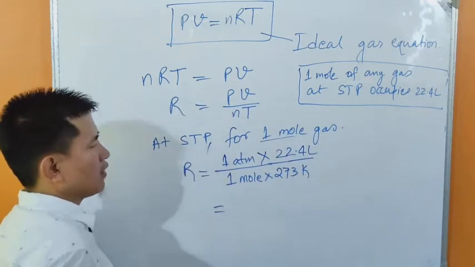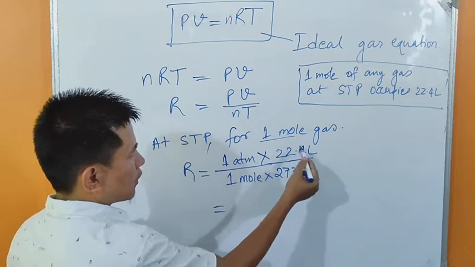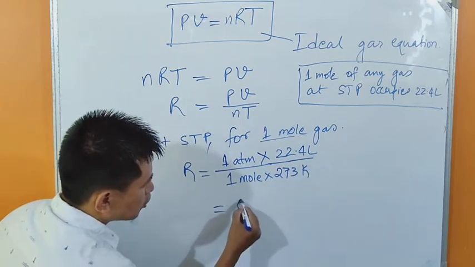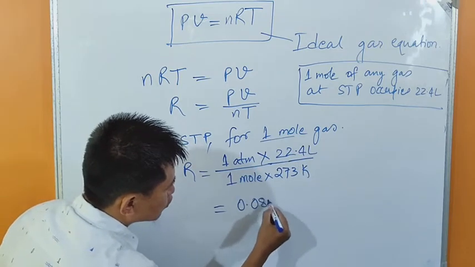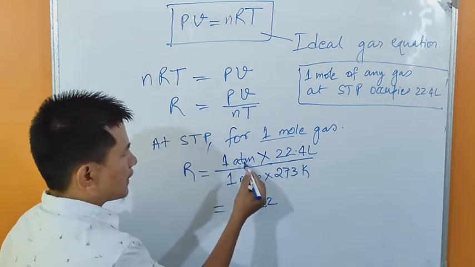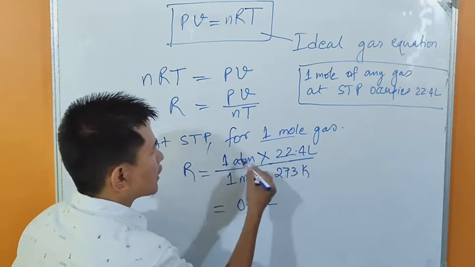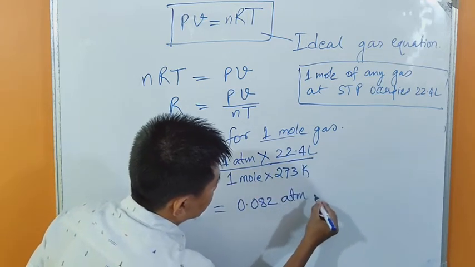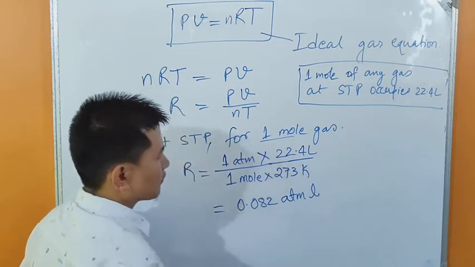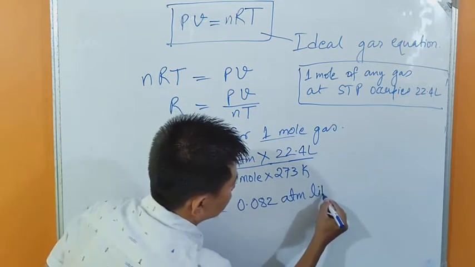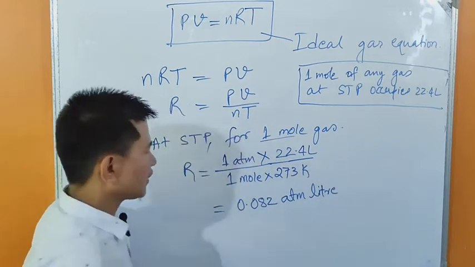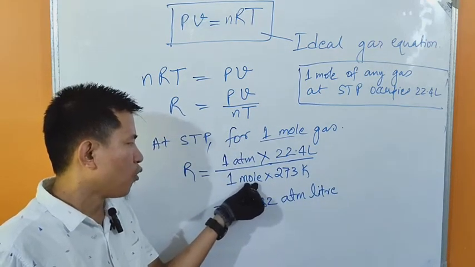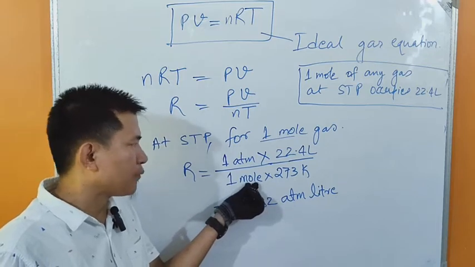Now, by calculating 22.4 and 273 by simple division, we get 0.082. This atm and liter are both in the numerator, so we write atm liter. This mole was in the denominator.